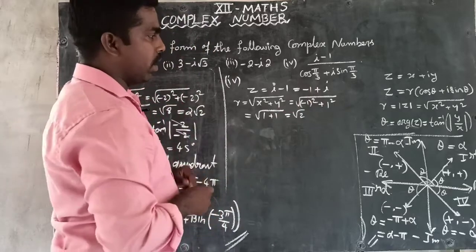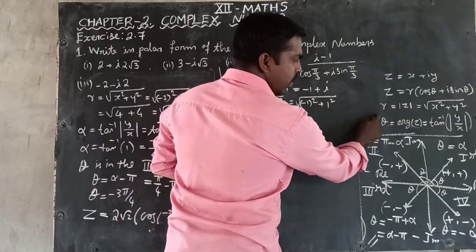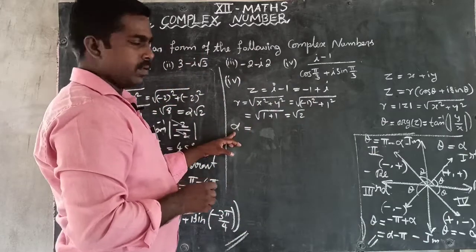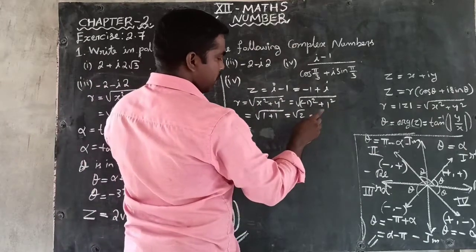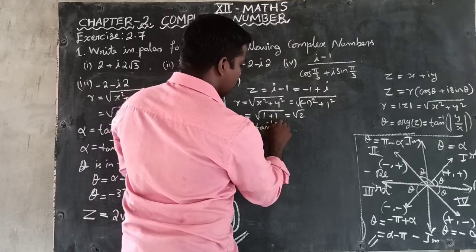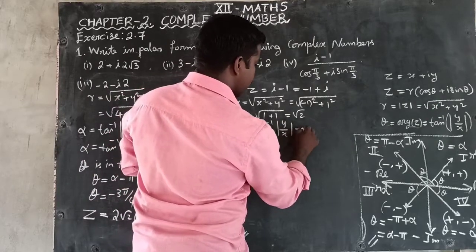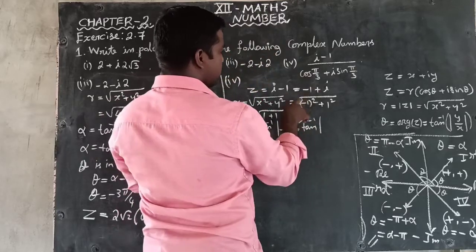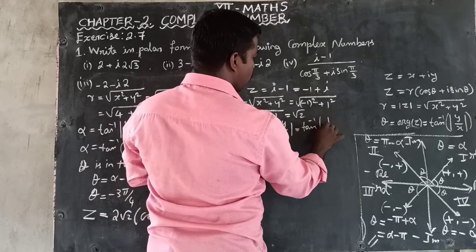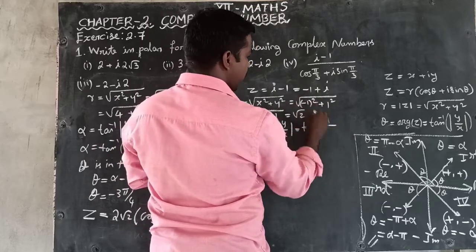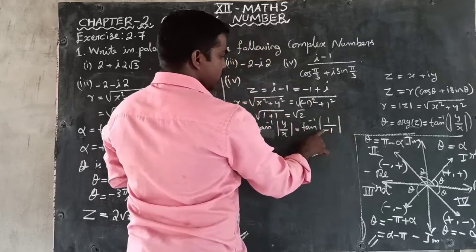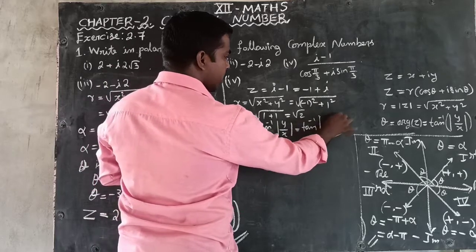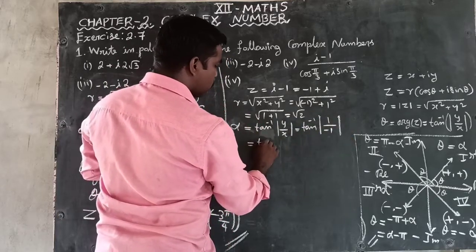Next we have to find theta. First, instead of theta, as I already told, I am going to take alpha. So alpha is equal to tan inverse of modulus of y by x. So tan inverse of modulus of y, which is the coefficient 1, divided by x, which is minus 1. 1 by minus 1 is minus 1, and after taking the modulus it becomes plus 1.